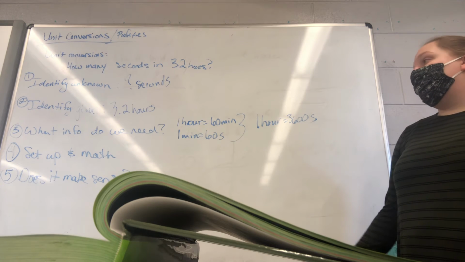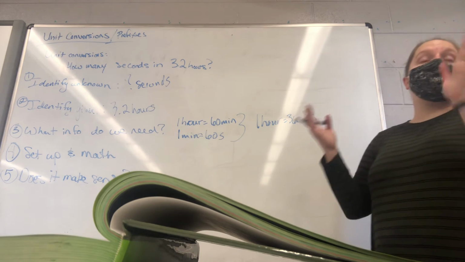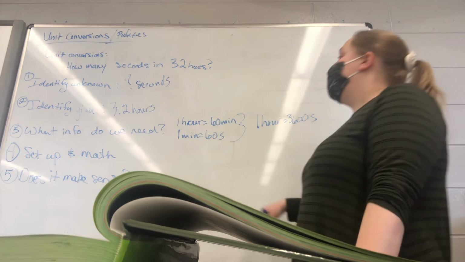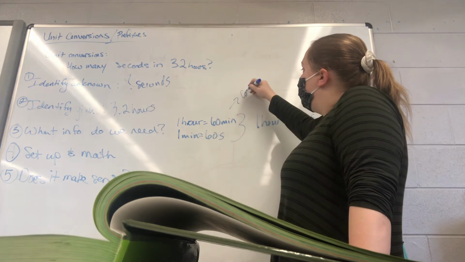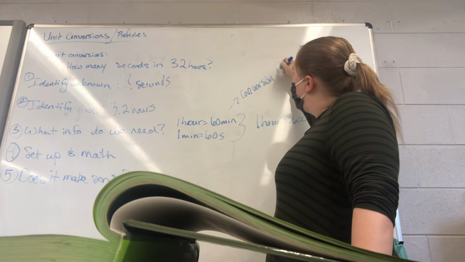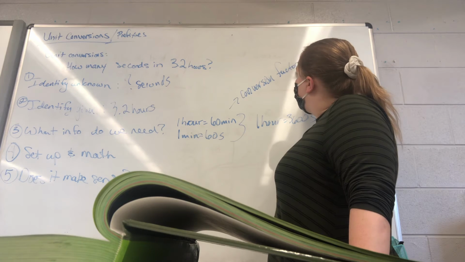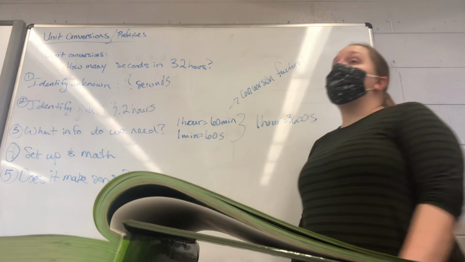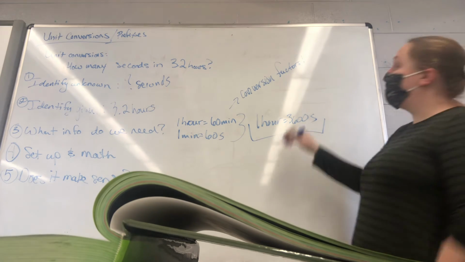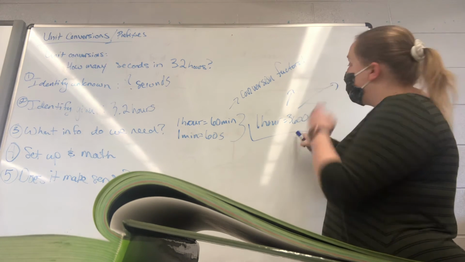One of the other things we talked about when we started working with conversion problems is writing out conversion factors. To write out conversion factors, we take an equivalence statement and we write it as two fractions. So we're going to write this one as two fractions.